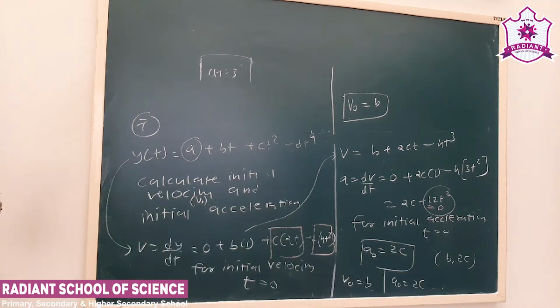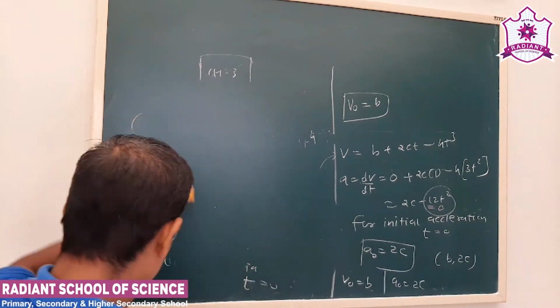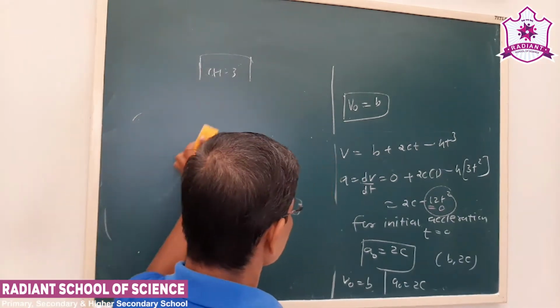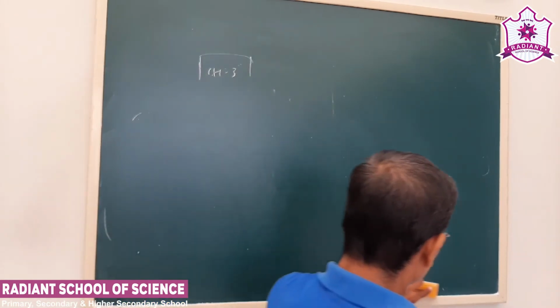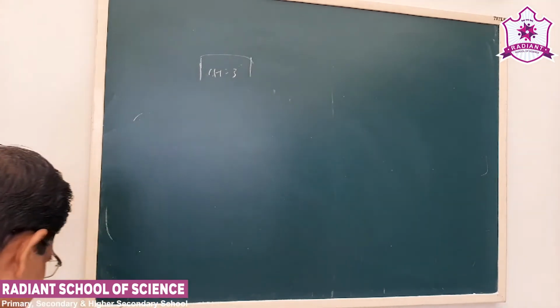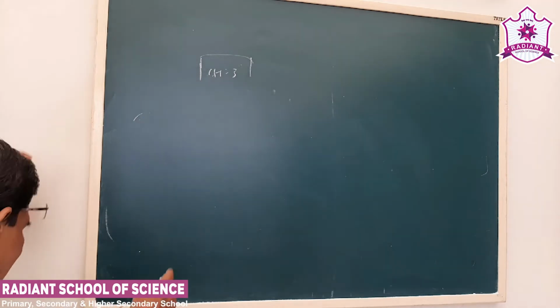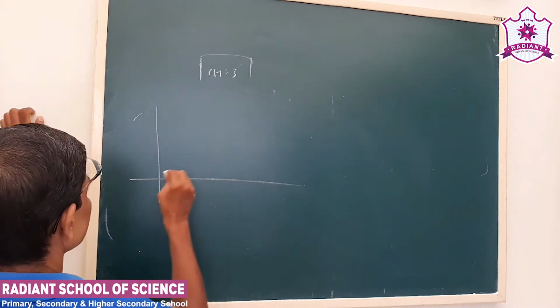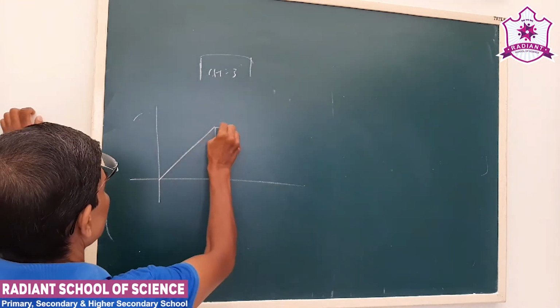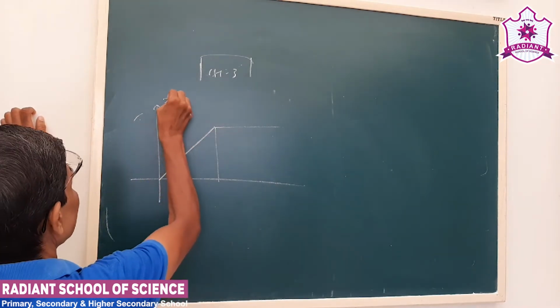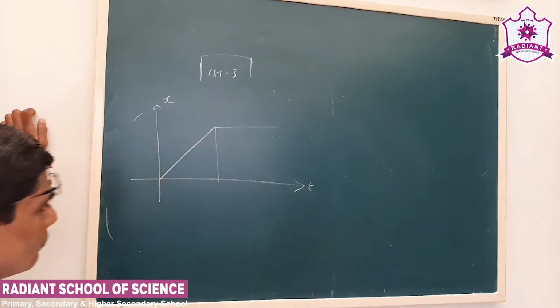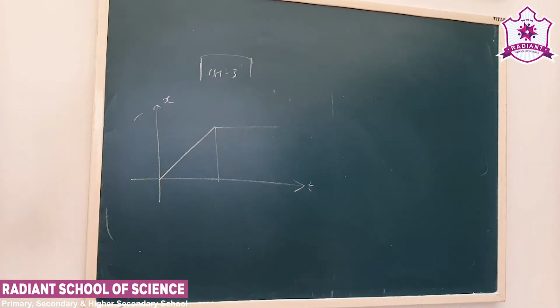Now we take some graphical questions. See here, a graph is like this. That is an x versus t relation. Now what are the options given to you?